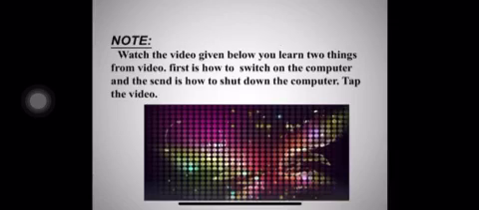Let us understand briefly with the help of a video given below. You can learn two things from this video. The first is how to switch on the computer. The second is how to shut down the computer. So tap on the video.